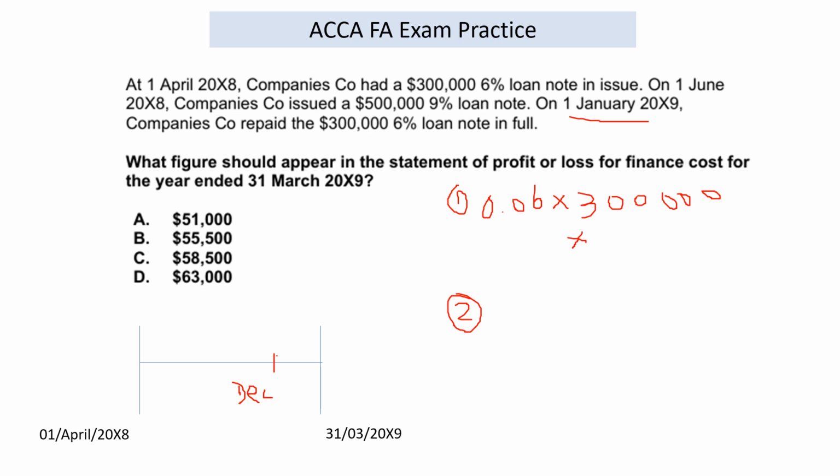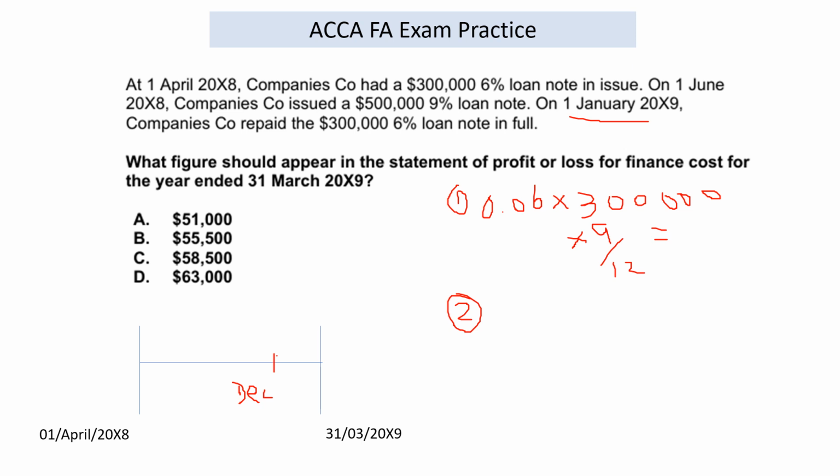So if we count the months of April, May, June, July, August, September, October, November, December, that's 9 months. So multiply by 9 over 12. We'll come to the interest figure in a minute, but let's look at the second one.